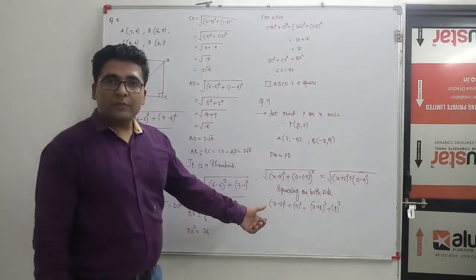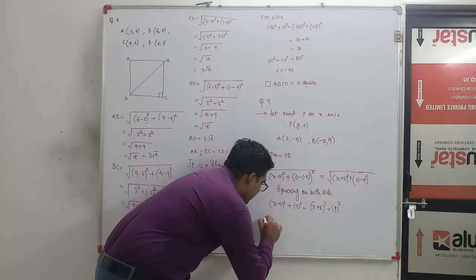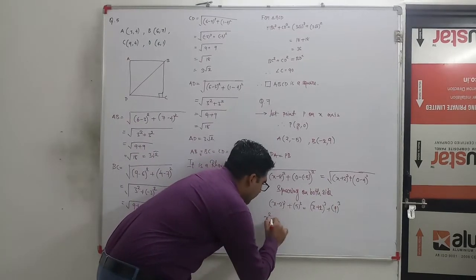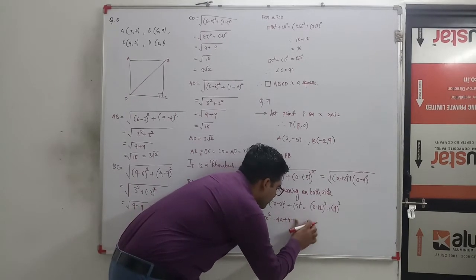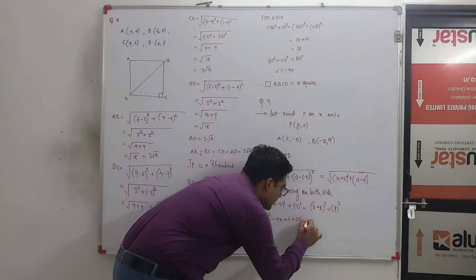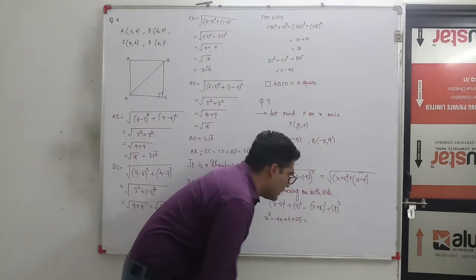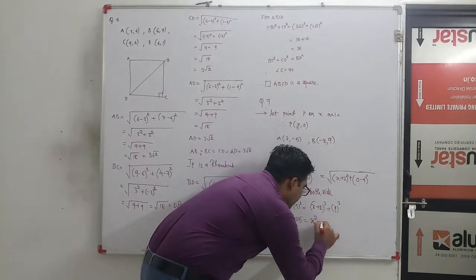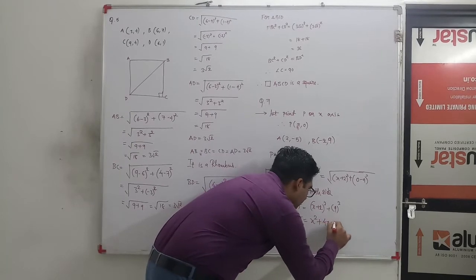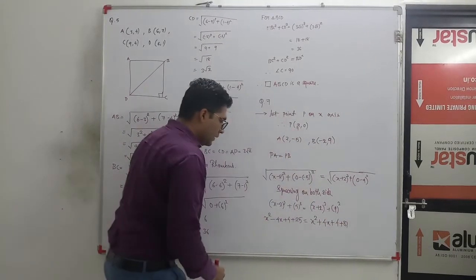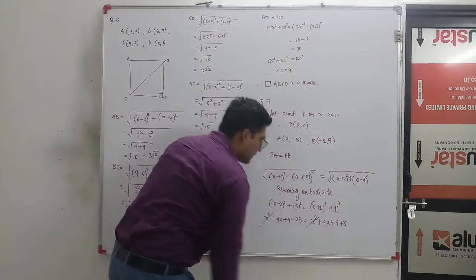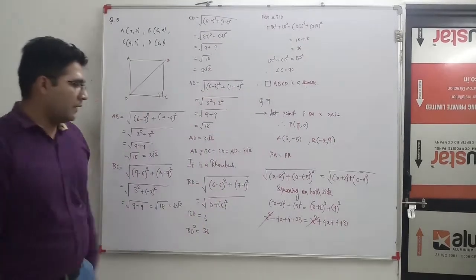So see, here I am using the identity (a minus b) whole square, so it becomes x square minus 4x plus 4, plus 5 square is 25. In the same way, using another identity, x square plus 4x plus 4 plus 81.